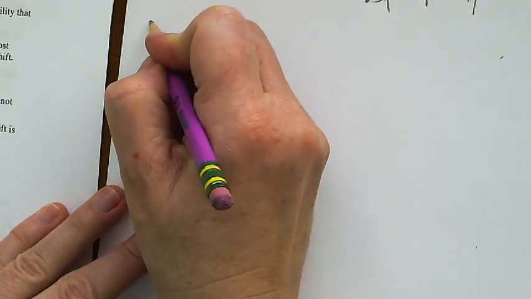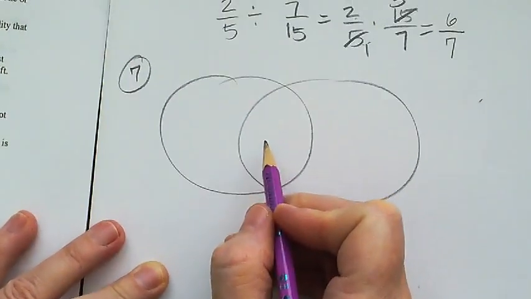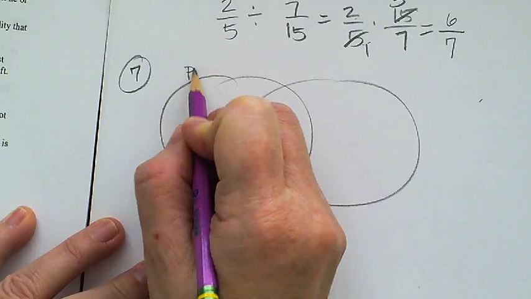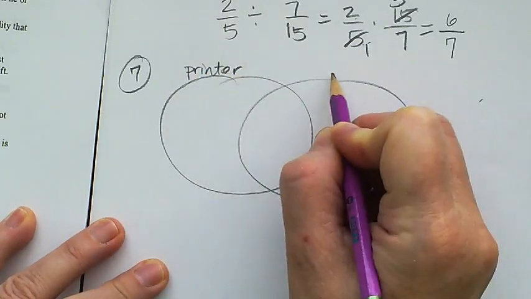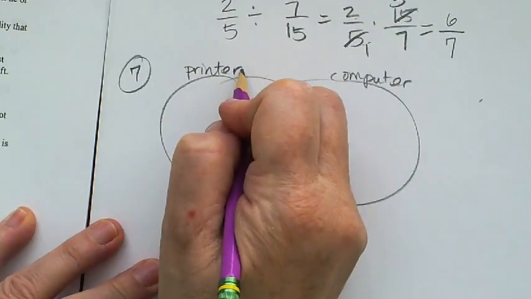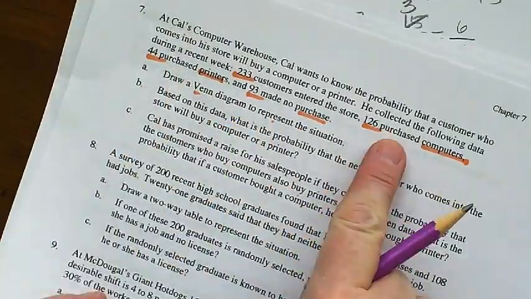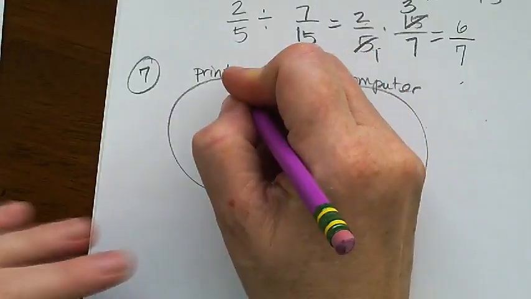Okay, so let's do printer, computer. 44 purchased a printer and 126 purchased a computer.